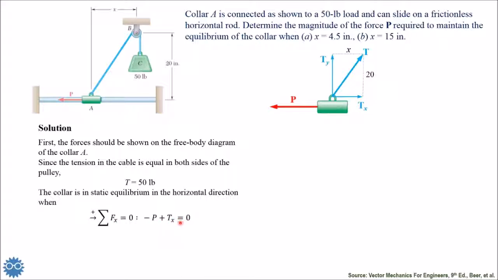So we can write this simple equation, because here we don't have anything except P and Tx. So minus P, because it's directed to the left, plus Tx to the right equals 0. Now, how can we find Tx?